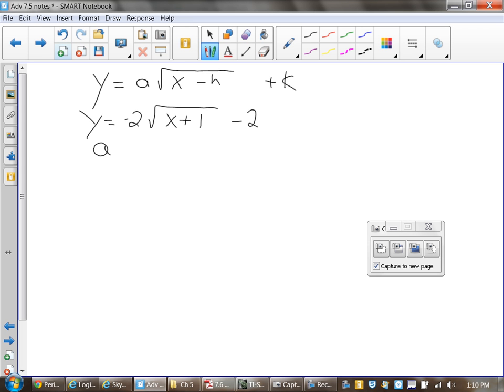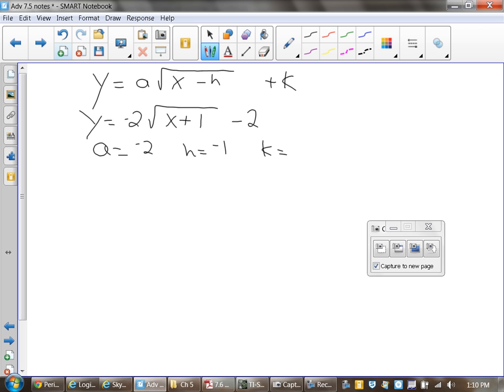So again, first thing I want to do is just label what my a, h, and k are. What's my value of a? Negative 2. What's my value of h? Negative 1. Good, glad you guys caught that. The generic is x minus h, so it's always the opposite sign. And since it's plus k, it's always the same sign.